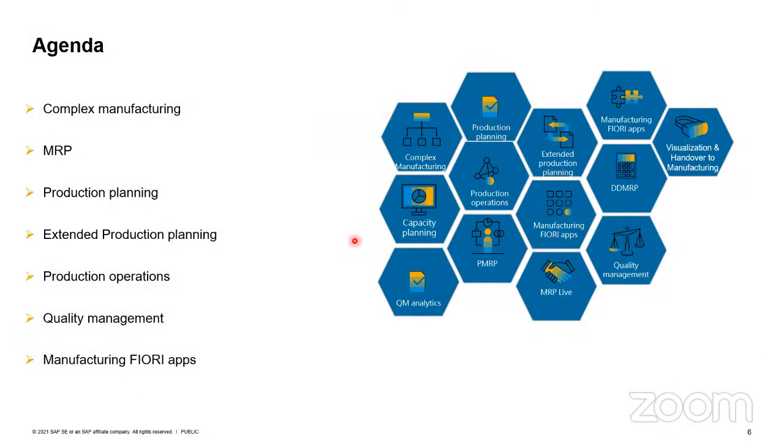This is the agenda: we will be starting with the topic of complex manufacturing, followed by MRP. Then we'll be talking about production planning, extended production planning, production operation, and quality management, and manufacturing theory apps is the last topic.